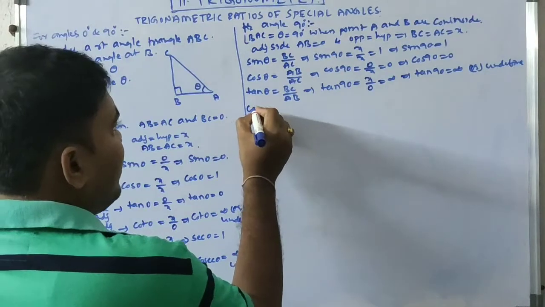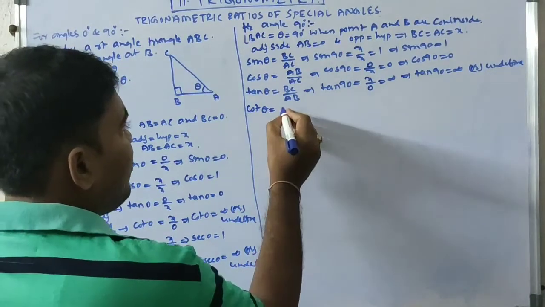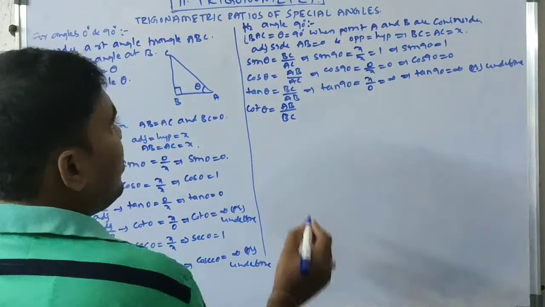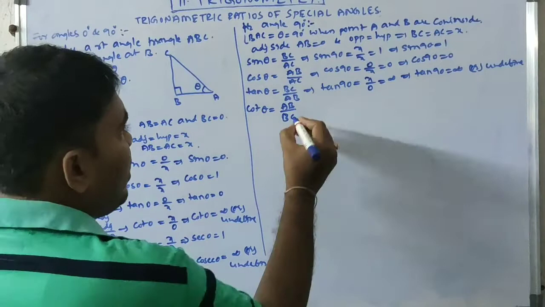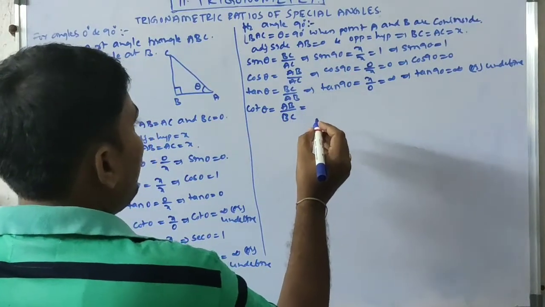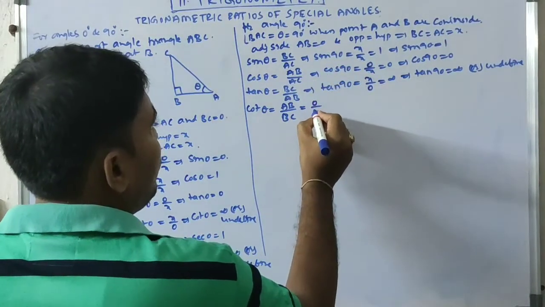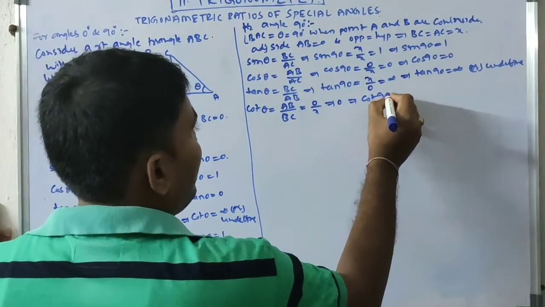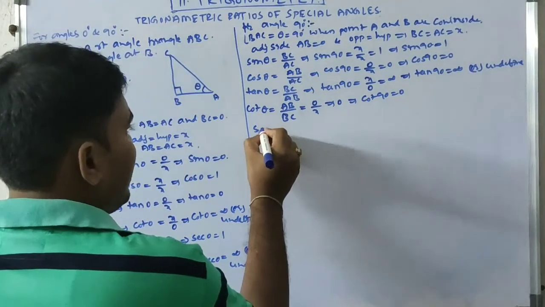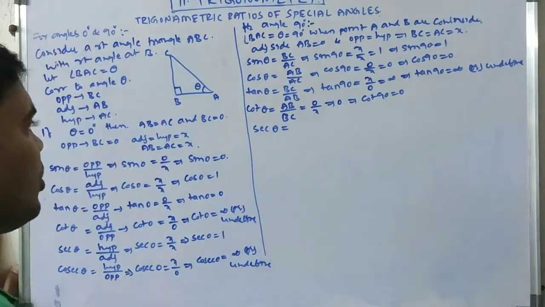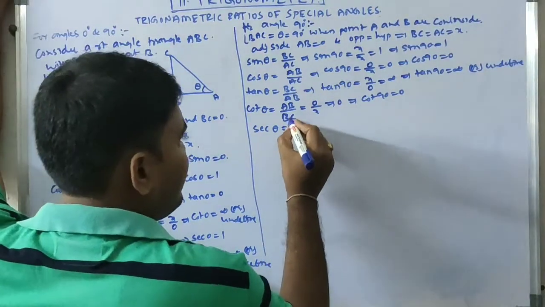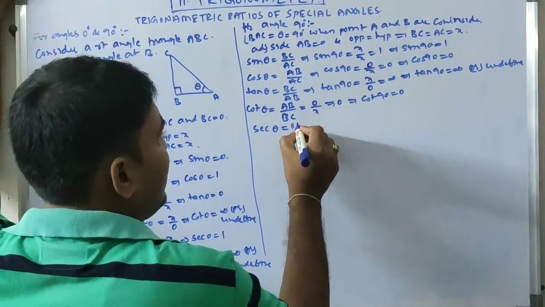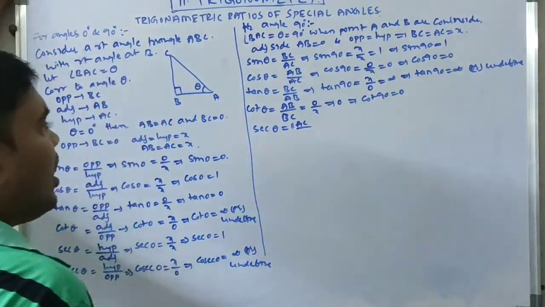Next, cot theta is nothing but adjacent by opposite, AB by BC. AB is equal to 0 and BC is equal to x, so cot 90 is equal to 0. Next, sec theta is hypotenuse AC by adjacent AB.